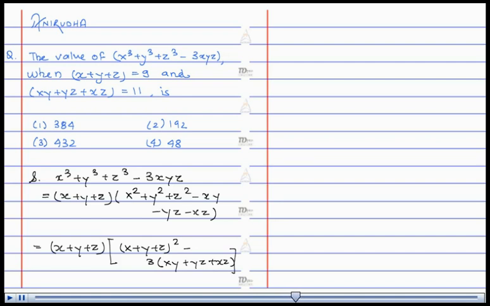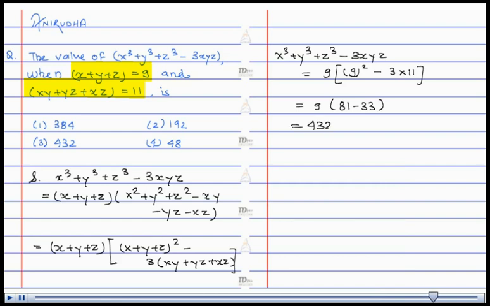Now from the question we know that x plus y plus z is equal to 9 and xy plus yz plus xz is equal to 11, and therefore putting these values in the above expression we get x cube plus y cube plus z cube minus 3xyz is equal to 9 times 9 square minus 3 into 11, or 9 times 81 minus 33, which is equal to 432.